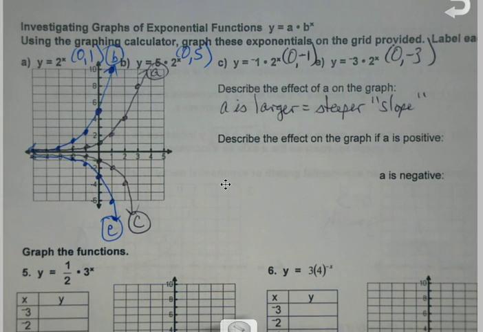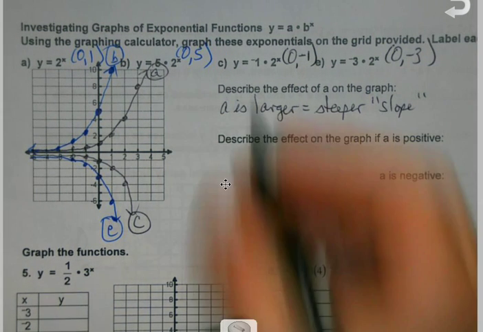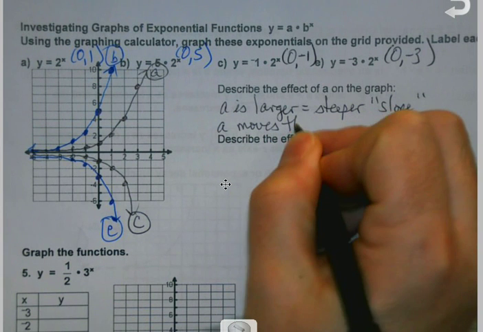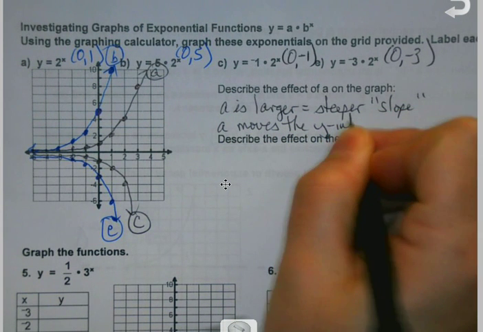I noticed on letter B and letter E, it went up really fast or down really fast because that value got so much bigger. But we also noticed that a moves the y-intercept.